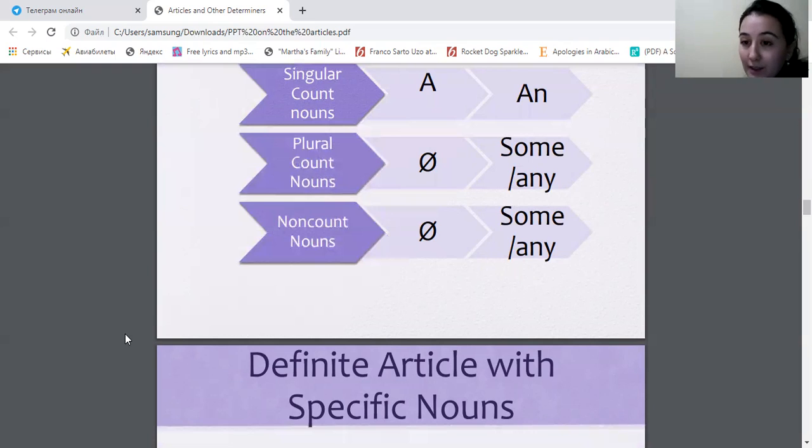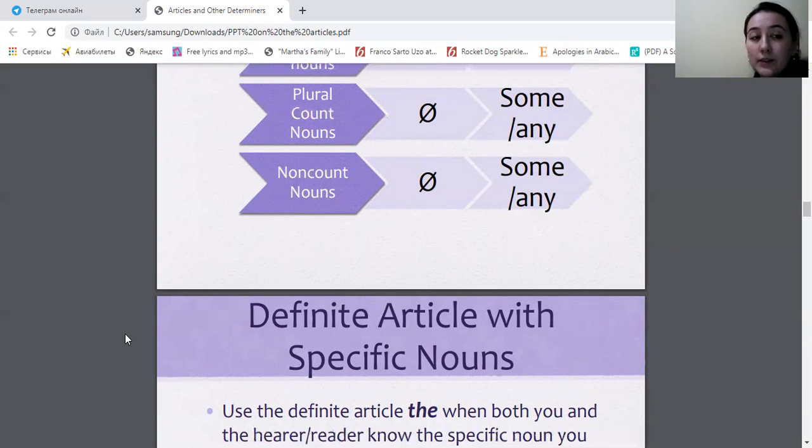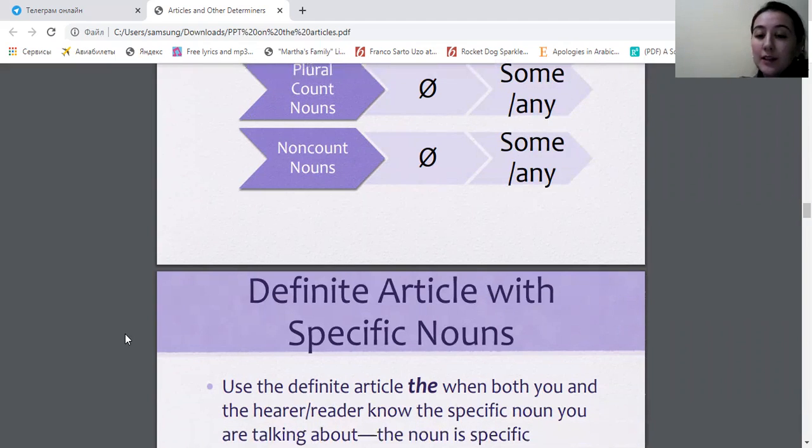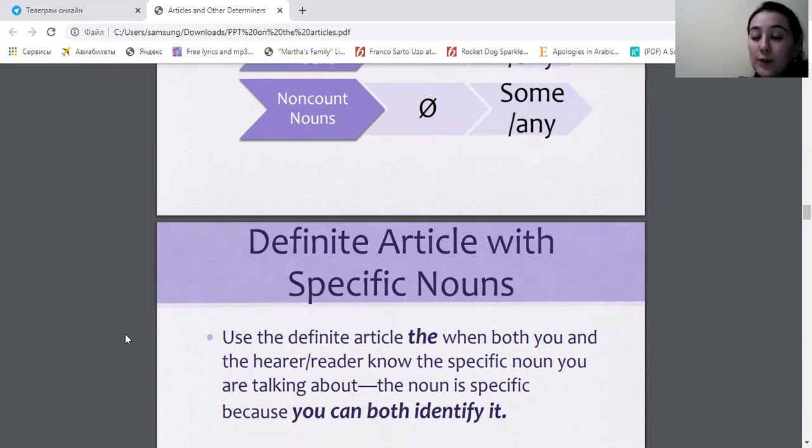So, definite article with specific nouns. As we have spoken, indefinite articles are a and an. The definite article is the article the. The definite article the is used when both you and the hearer or reader know the specific noun you are talking about.